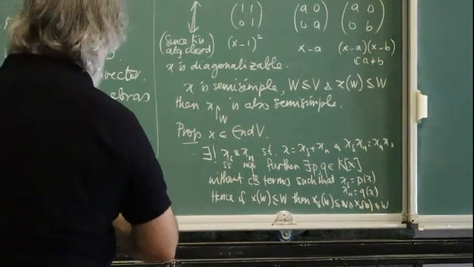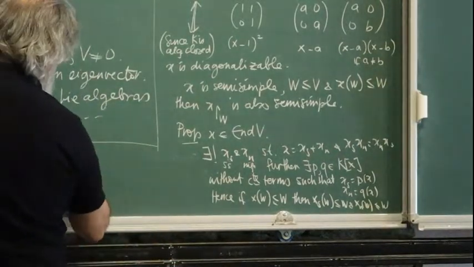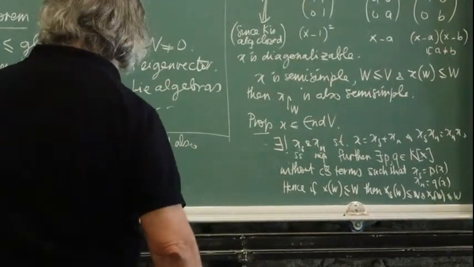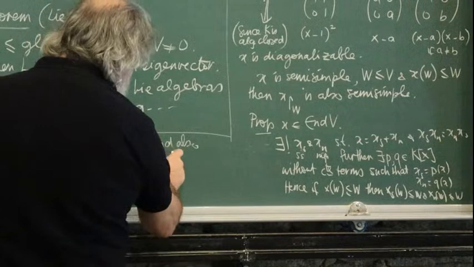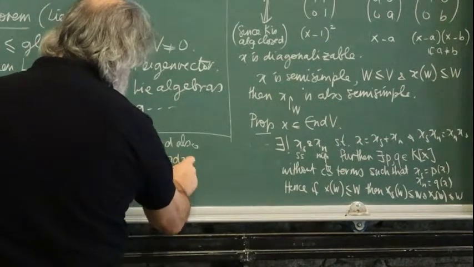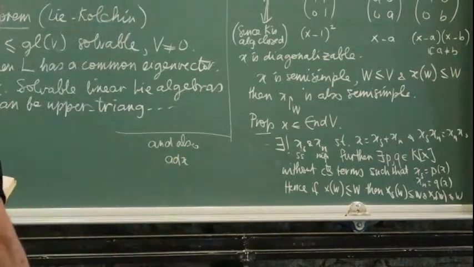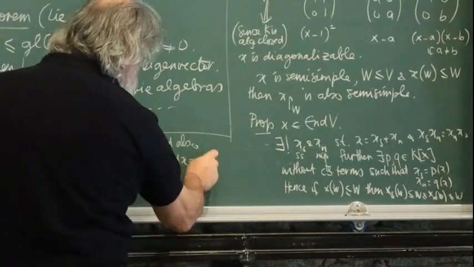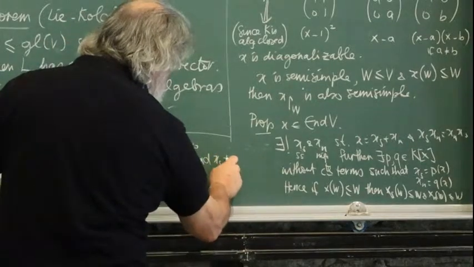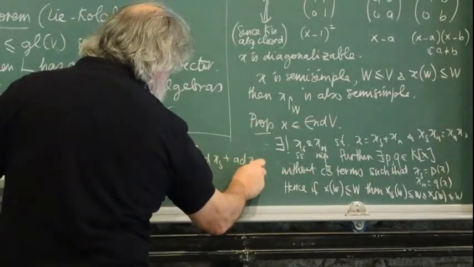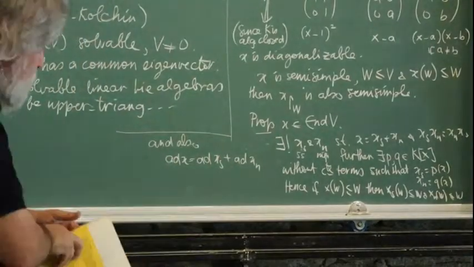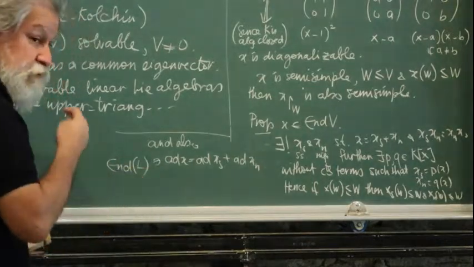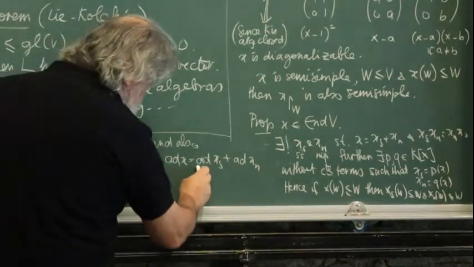Also ad X has a decomposition. Of course, this is clear, since we have the sum here, this is equal to this. This is, of course, inside endomorphisms of L. But furthermore, this is semi-simple.